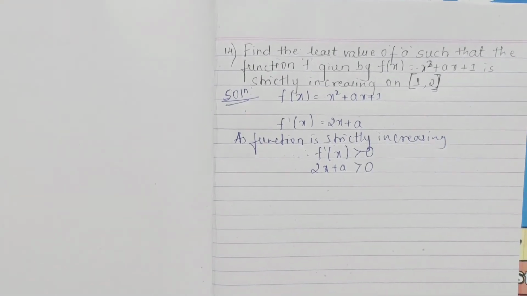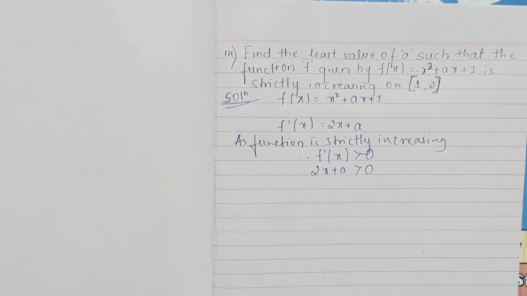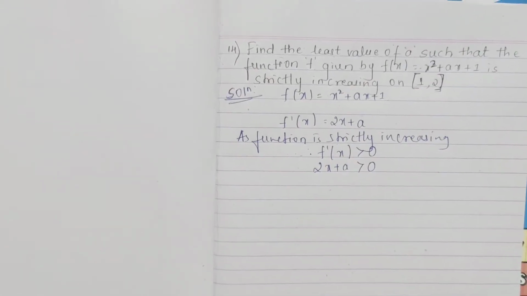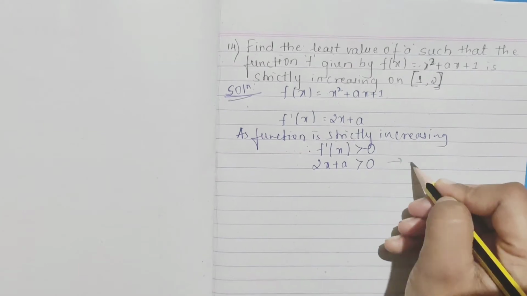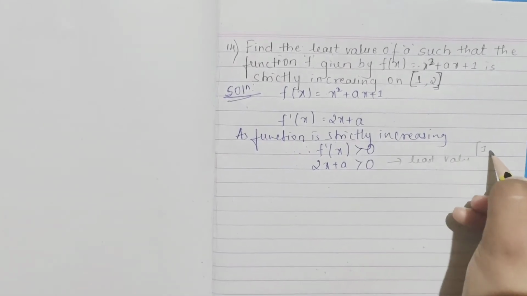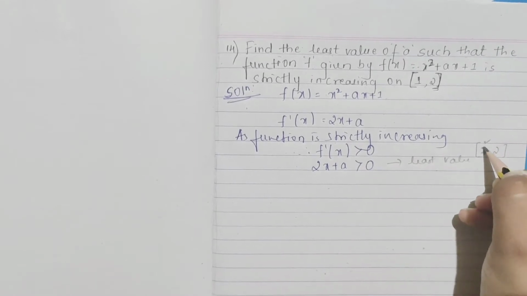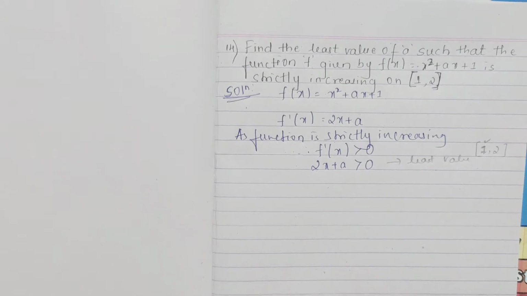Now you have to find the value of a. In place of x you have to check the least value. The interval they have given is 1 comma 2, so the least value is 1. Put 1 in place of x.